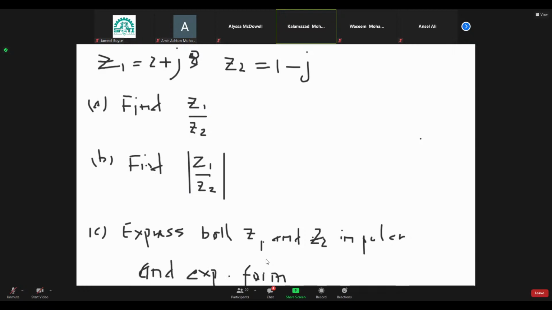All right. So you're given Z1 is equal to 2 plus J8. Z2 is equal to 1 plus J. Find Z1 over Z2. And find the modulus of Z1 over Z2. And express both Z1 and Z2 in polar and exponent form.